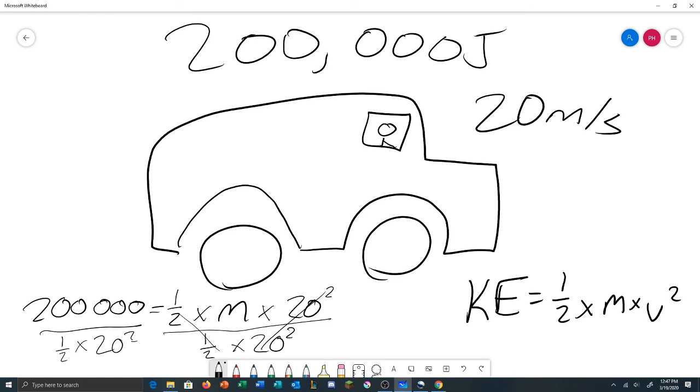You have 200,000 divided by 1/2 times 20 squared. If you put that in a calculator, you will get 1,000 kilograms. If anyone noticed, that's the exact same example we used in part 1. It's the same way. This is just the problem backwards, working backwards to find one of the other things.